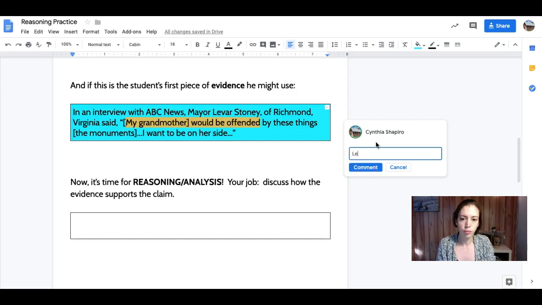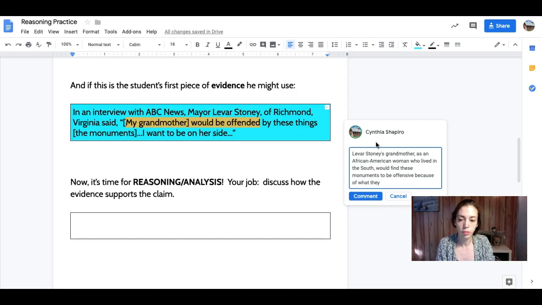So LeVar Stoney's grandmother, as an African-American woman who lived in the South, would find these monuments to be offensive because of what they represent to her.